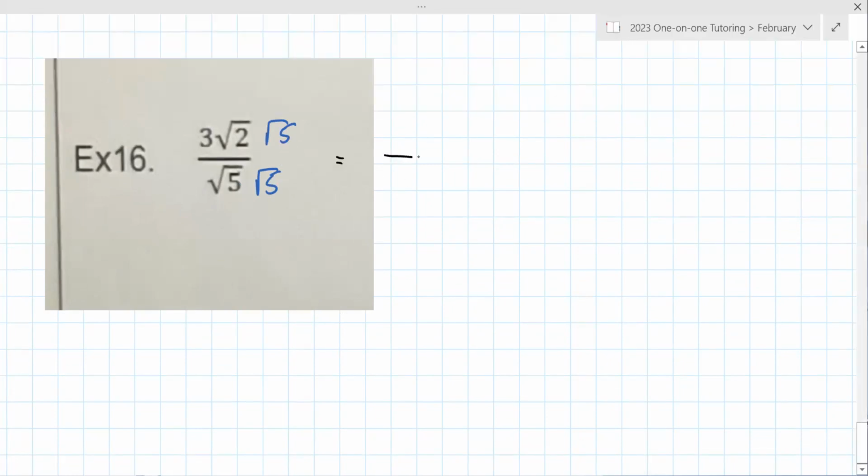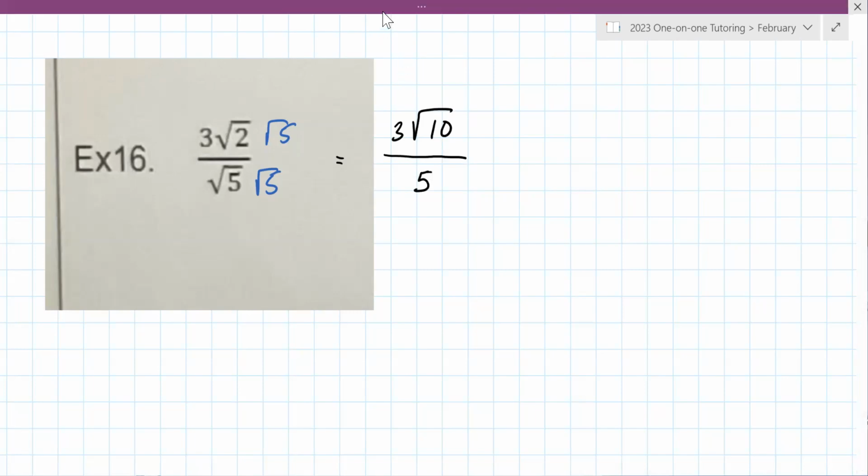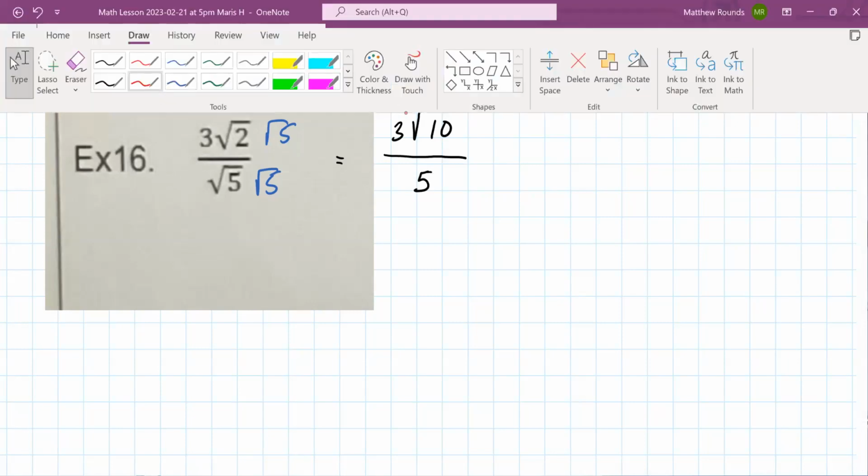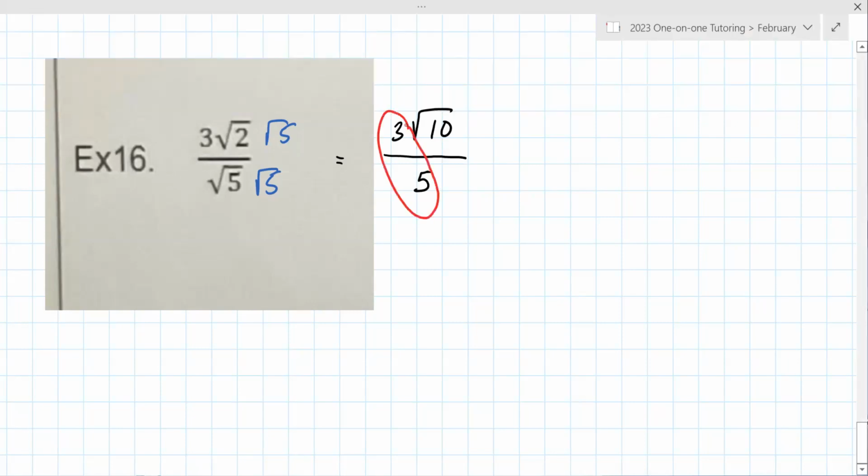Okay, so this is 3 square root 10 on top. And then it's 5 on the bottom. And again, I'll point this out: the only thing you can reduce is what's outside the root. You can't reduce inside the root. That's not allowed.